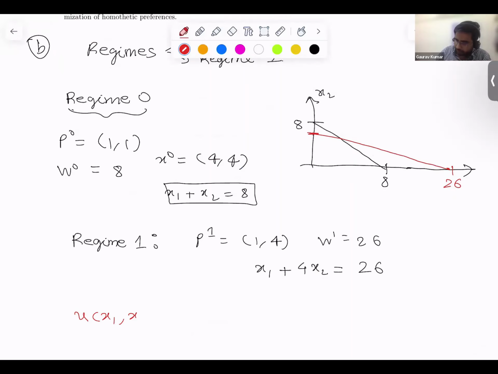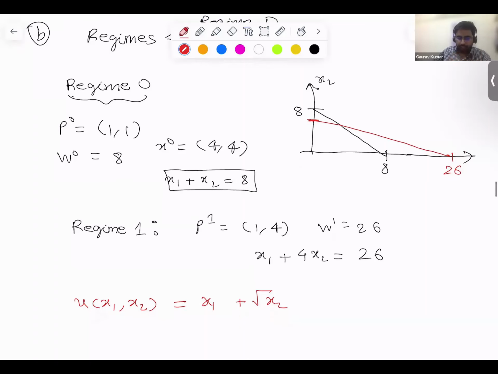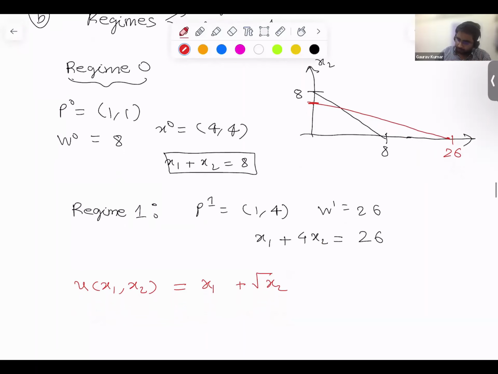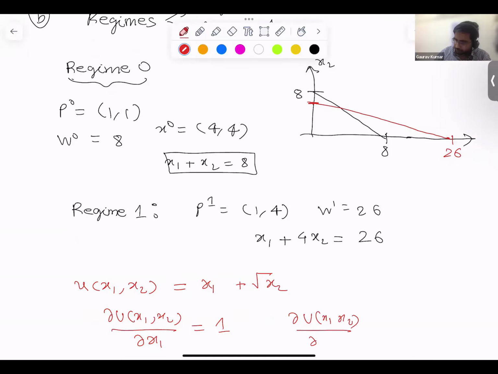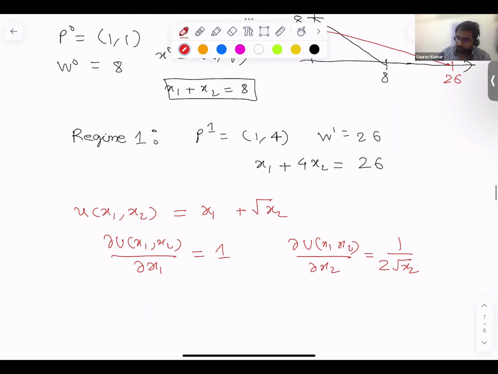How will I write that? This functional form represents that my utility function is quasi-linear in the first good. What is good about it? When you take the first order condition with respect to x1, you get 1, and when you take the first order condition with respect to x2, you get 1 by 2 root x2.